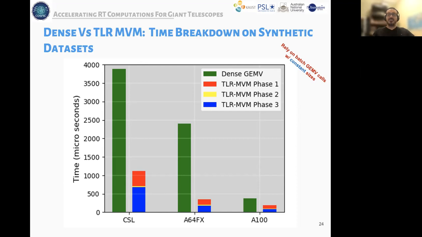And we compare against the dense matrix vector multiplication without doing any approximation. So there is already a huge gain from a pure algorithm point of view on each of those architectures, moving from the dense to the tile low-rank version, right? And then one can see a clear win in architectures with HBM, with up to 3x or more, depending on whether you run on ARM or NVIDIA, against Intel Cascade Lake.